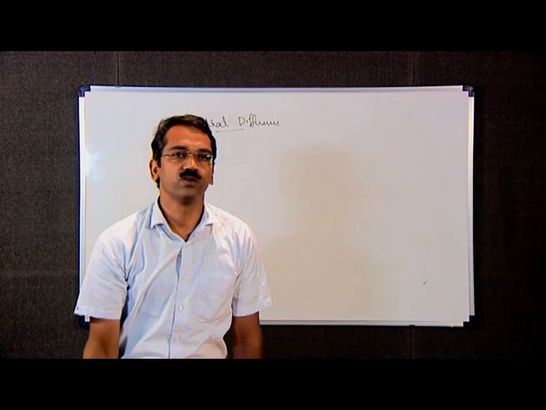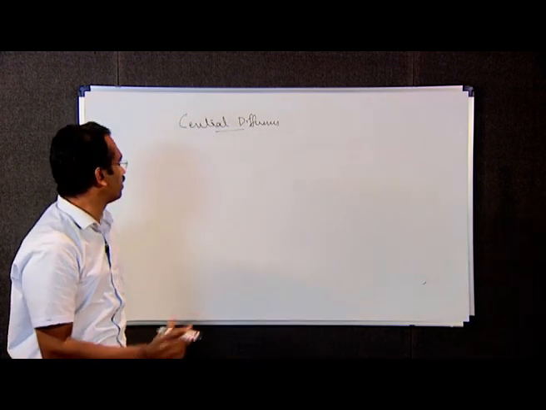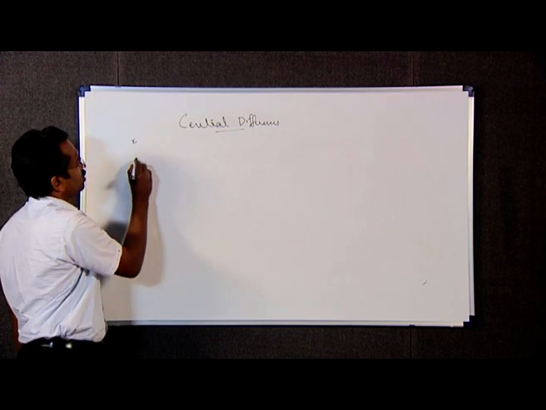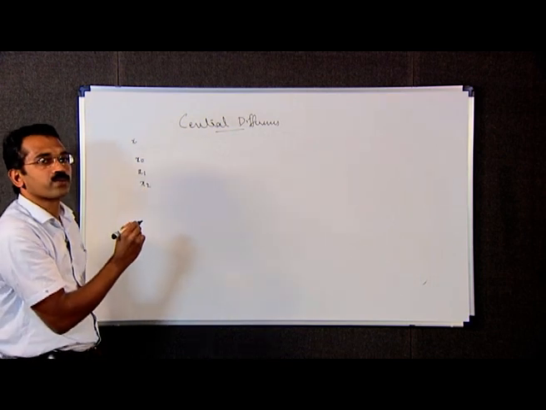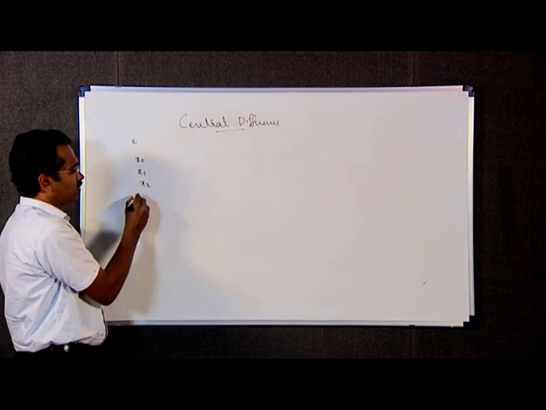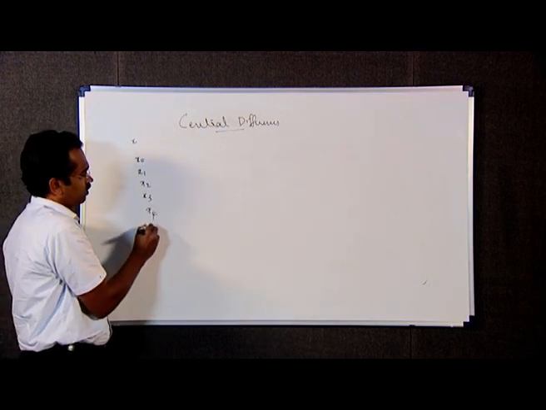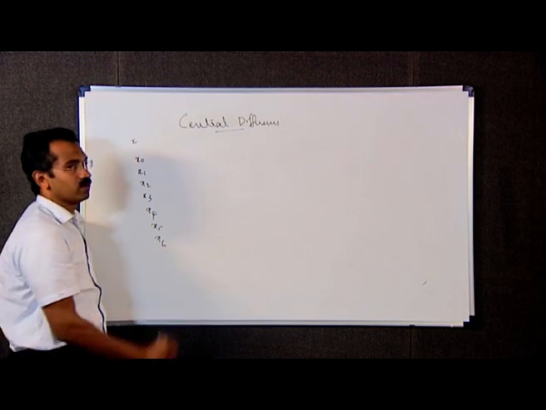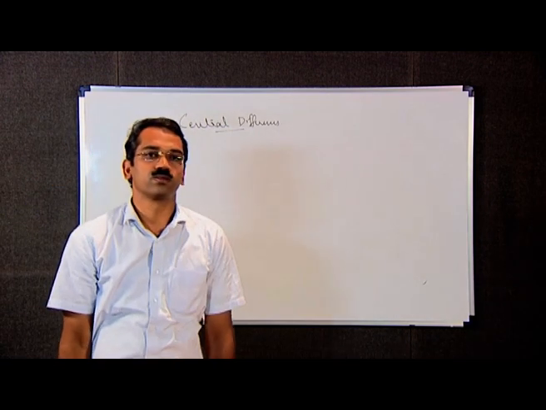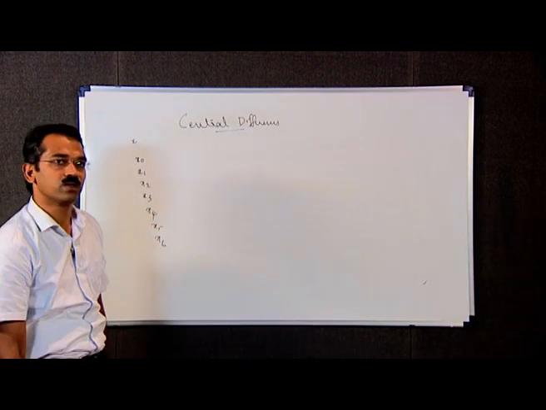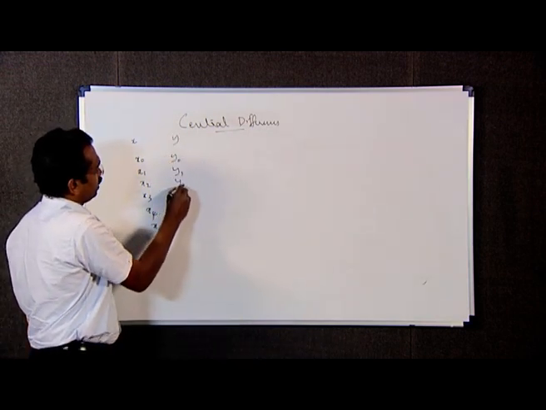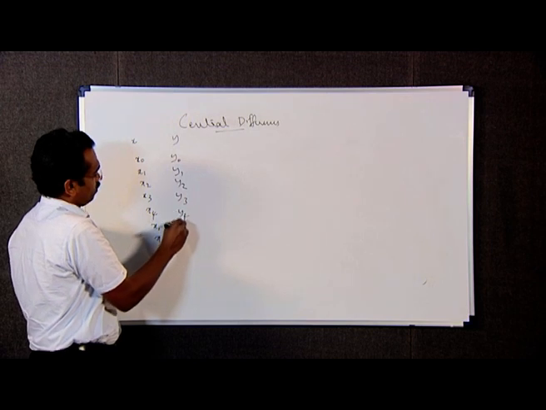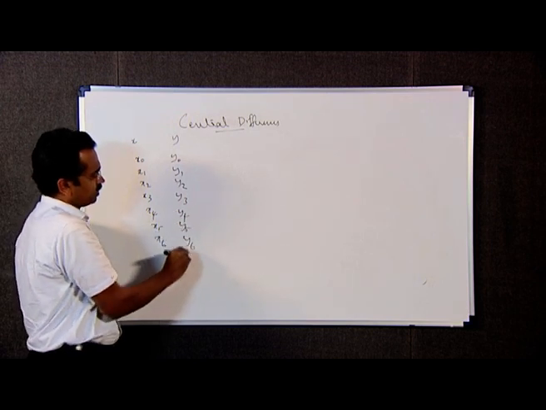Consider the values of x: x naught, x1, x2, x3, x4, x5 and x6. The corresponding y values are y naught, y1, y2, y3, y4, y5 and y6.